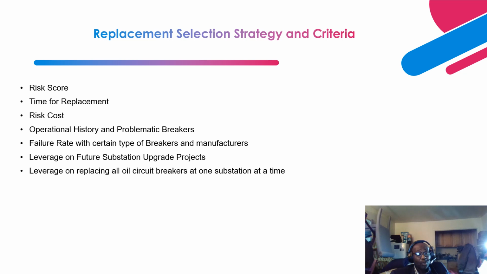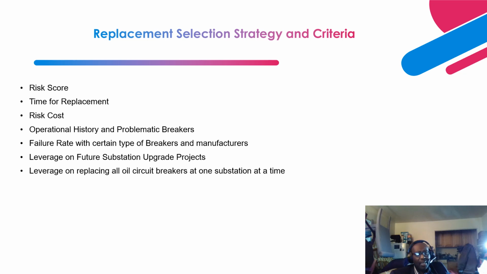So for substations that have many oil circuit breakers on your list that you have in line to replace, since these circuit breakers are at a particular substation, they all have a different asset condition score, and also different risk score and risk cost, right?